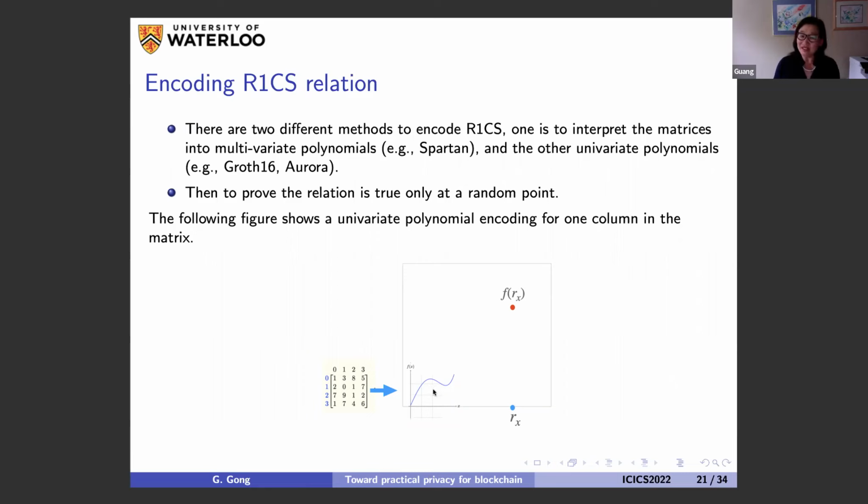But if here is SHA-256, then the maximum number of multiplication gates is about 23,000, which means the degree here is at most 23,000. Compared with 2 to the 256, we say this is a low degree polynomial.